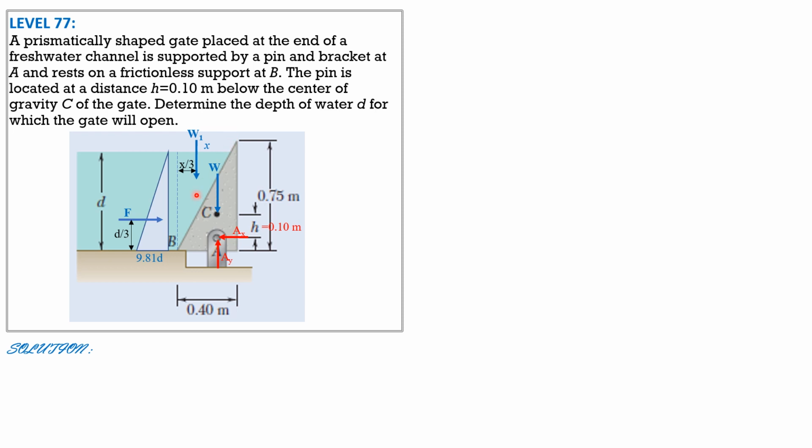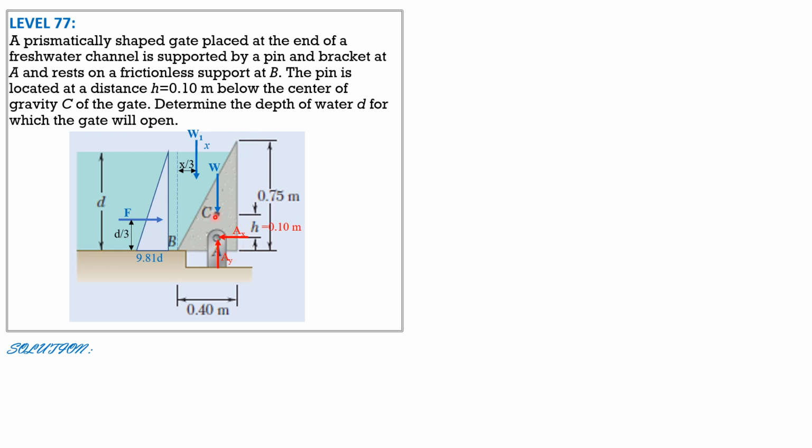Since this is triangular, the distance of C from the bottom is 1/3 of 0.75. So since this is already 0.10, the distance of this P from the bottom is 0.25 minus 0.1, where 0.25 is 1/3 of 0.75 because this is the center of gravity of the gate and this is triangular.